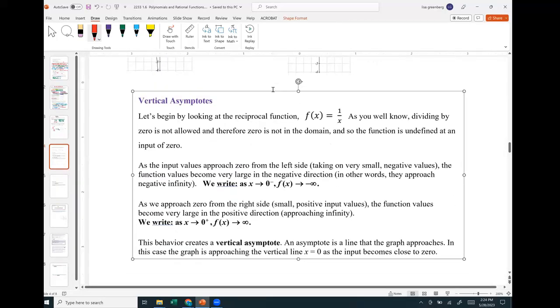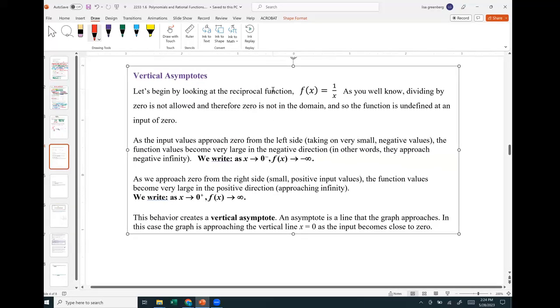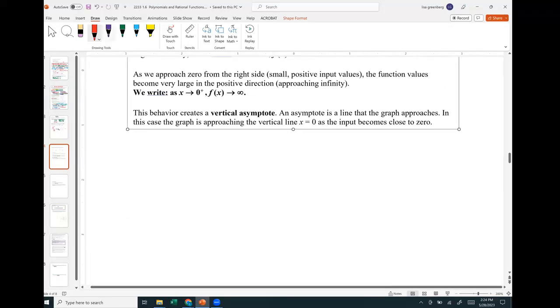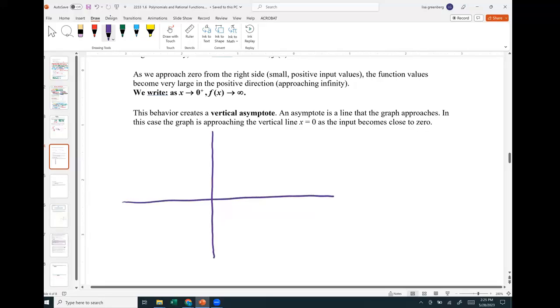So vertical asymptotes. Let's use the function 1 over x. And I'm going to draw it a little strange to help see what exactly is happening. Okay? So let's just say we have y equals 1 over x. This is the x-axis.